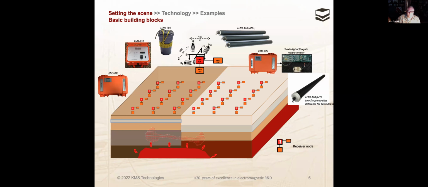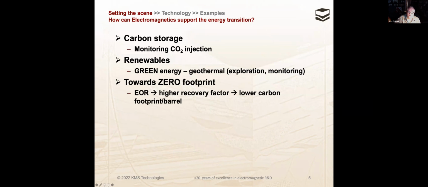The basic building blocks of the system, which you lay out in many cases as an array, are a receiver box with some sensors on the side, and here are some pictures of the electrodes, the magnetic field sensors, and we also have some small flux gate sensors. So these are the higher frequency ones, the lower frequency ones. We also have a broadband one. This way you can cover a frequency range.